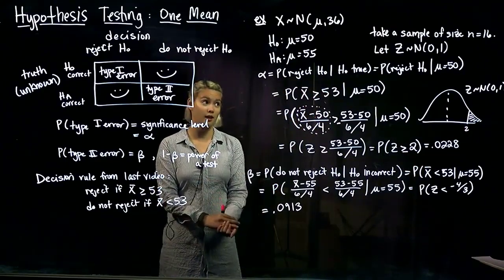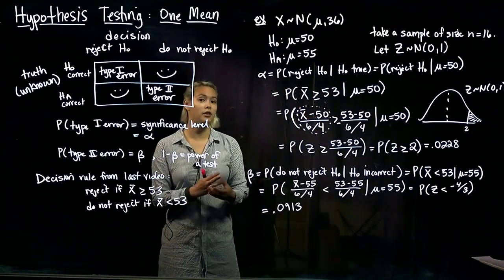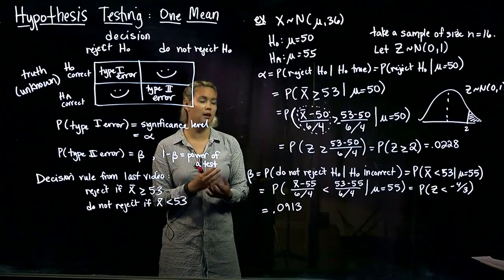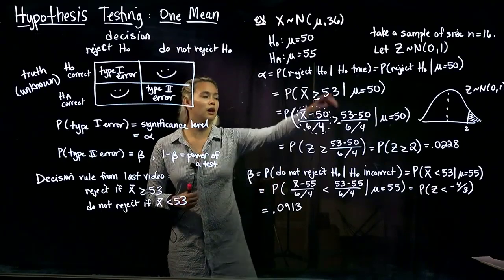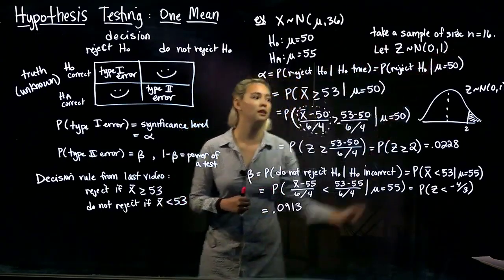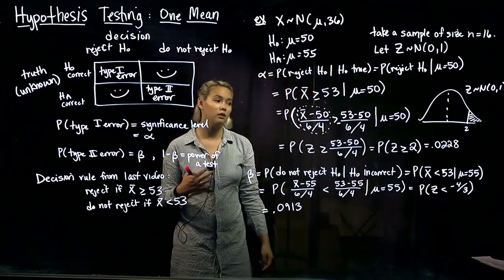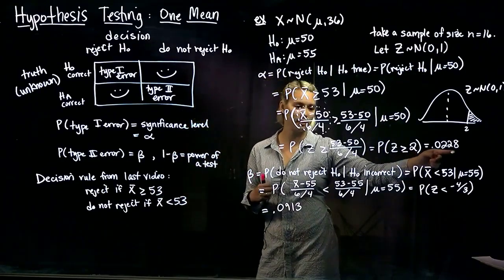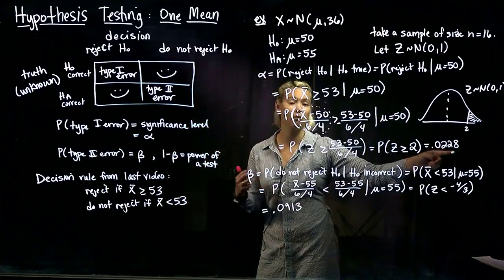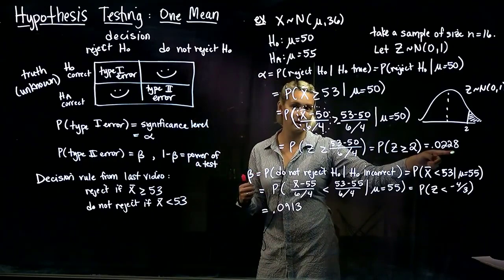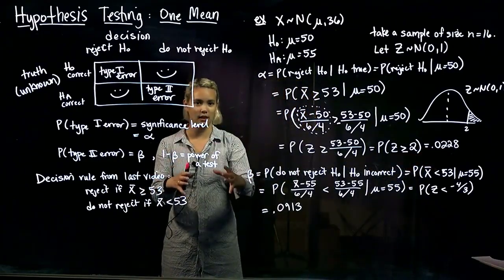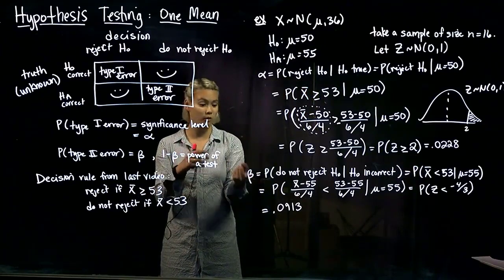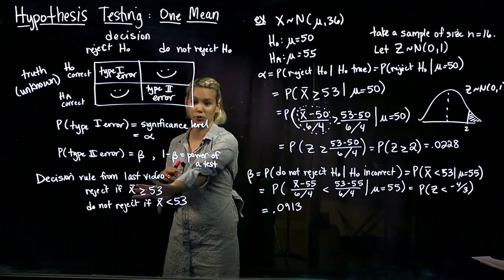Okay, so what does this all tell us? This tells us that if in reality the null is true, meaning mu truly is 50, and we take a sample of size n equals 16, then about 2.28% of the time we're going to mistakenly reject the null hypothesis. So in other words, imagine taking a sample of size 16 and then deciding, do we reject or do we not reject based on this rule?